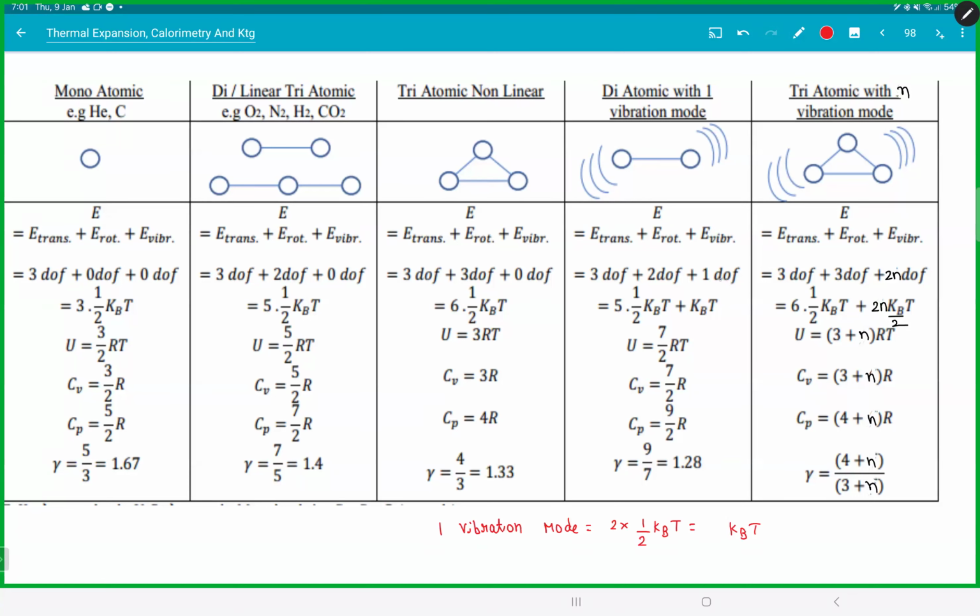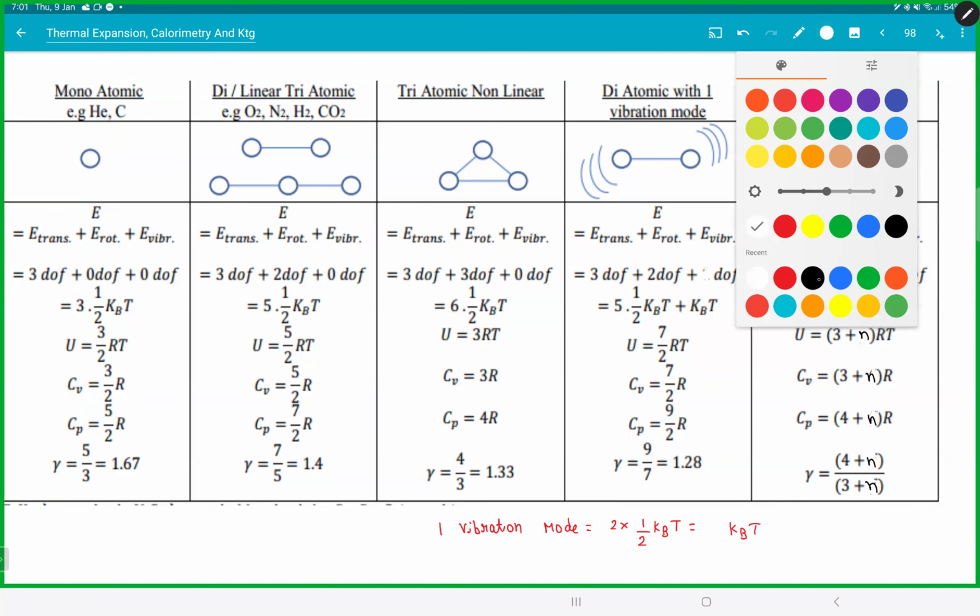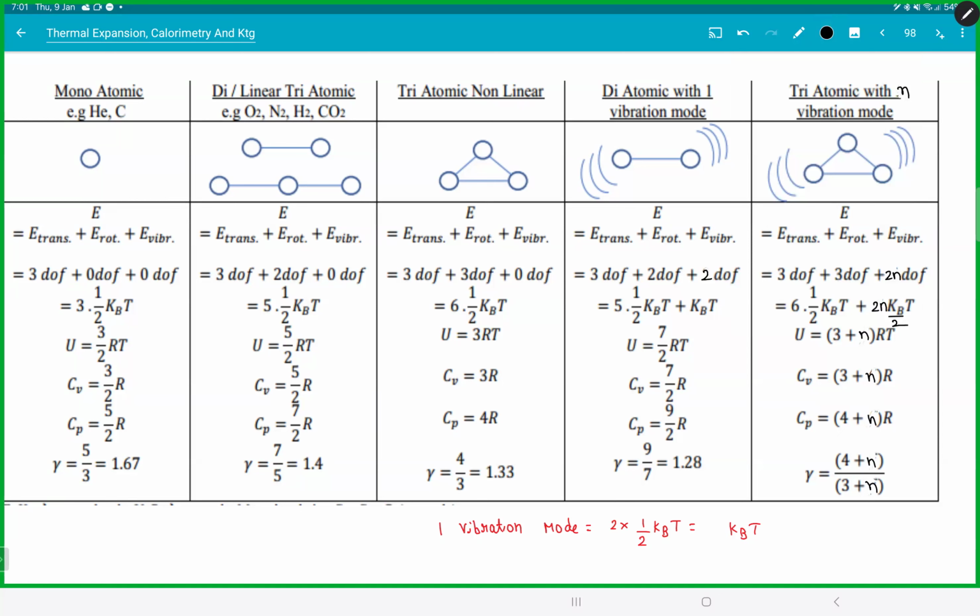So this is 2 degrees of freedom actually. This is 2. So this guy actually becomes 2 into half kBT. There it is fine.